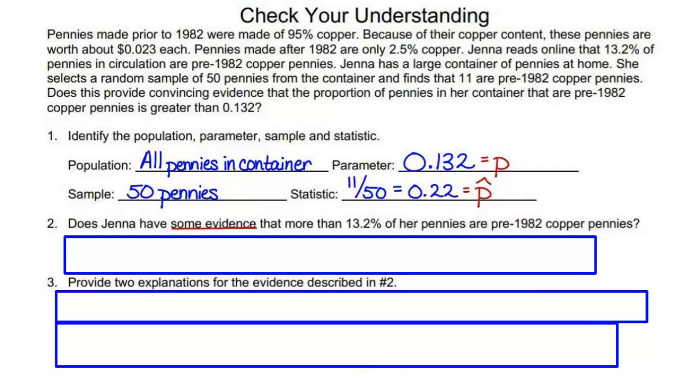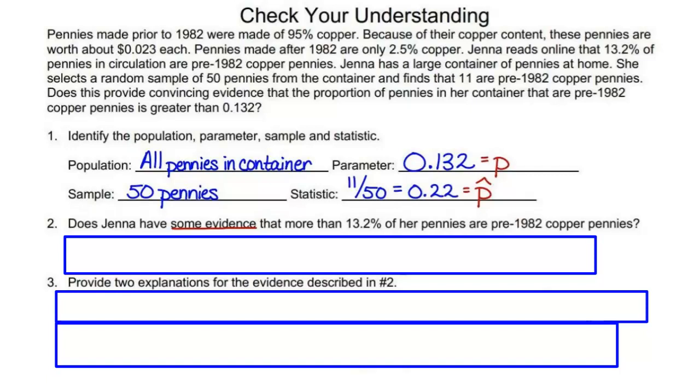Because she took a sample from her pennies. Yes? We don't know. She just has a container of pennies. It's a big container, like a change jar at home. Everybody just throws it in. I don't know how many pennies are in there, but there's a lot, right? She just took a sample of 50 out of there, took her little cup, scooped it in, and got a random sample of 50 pennies.